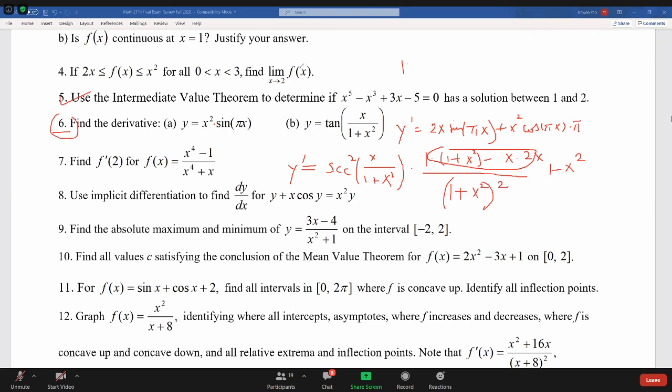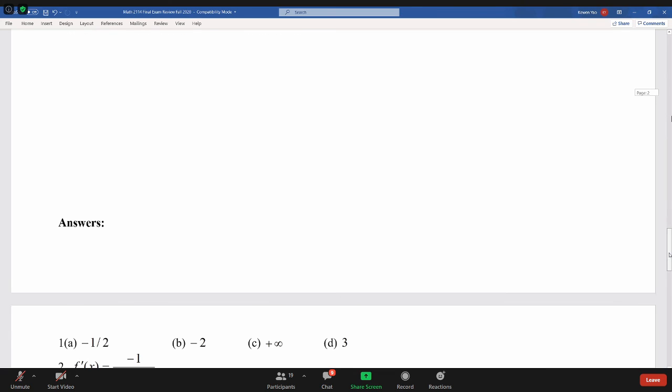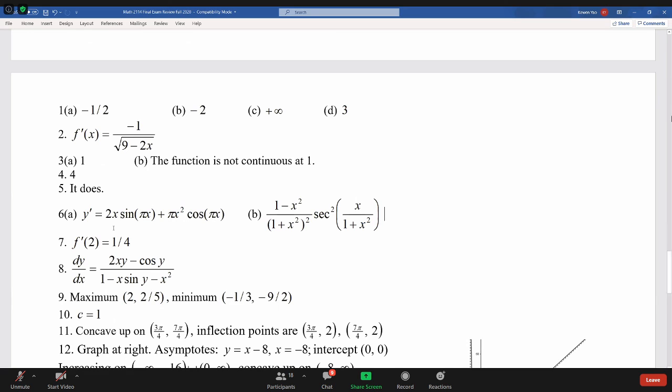Let's take a look at the answer. For number 5, it does have a root by the IVT, right?